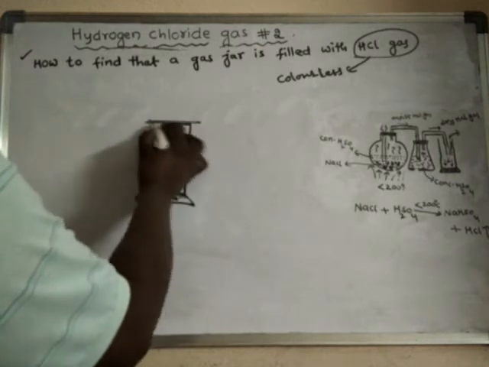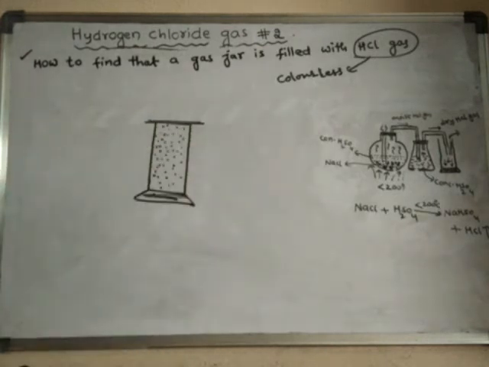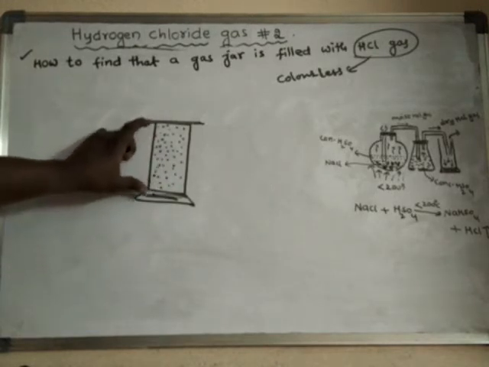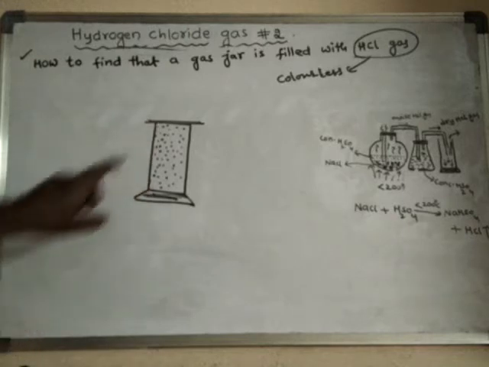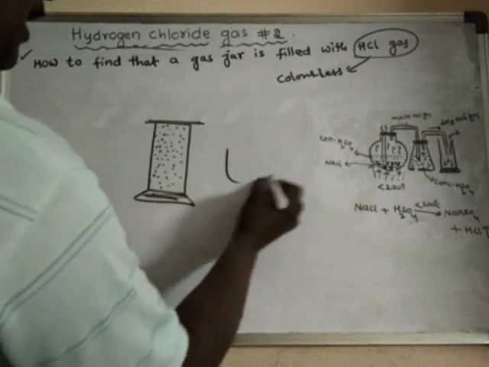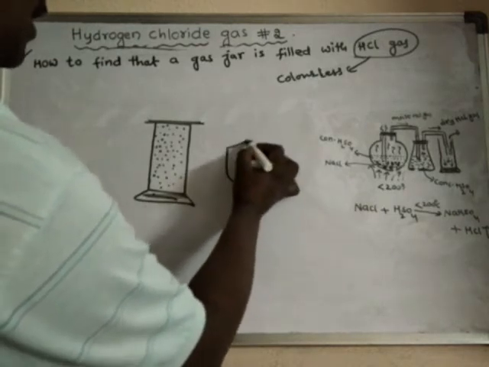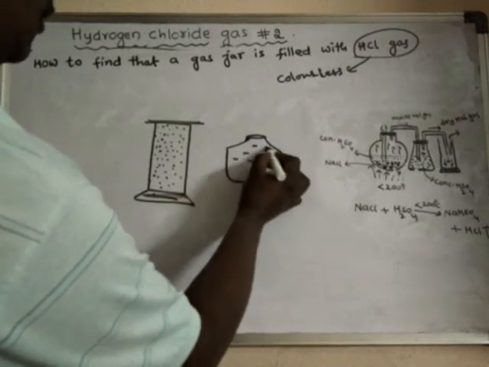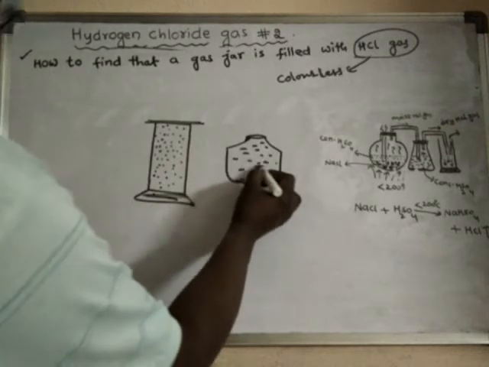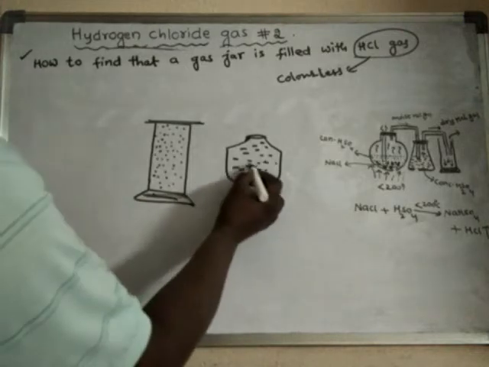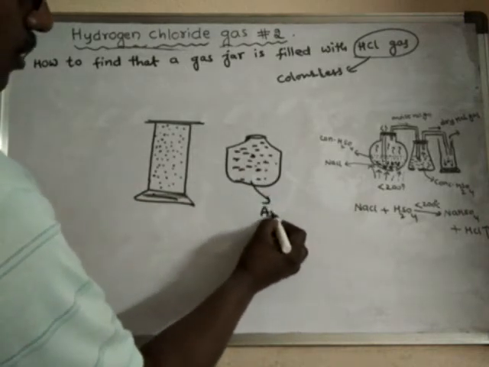Suppose someone has collected a gas in a gas collecting jar, and the gas is colorless. In order to test whether this gas is HCl gas or not, what do we have to do? Simply take this ammonia solution.